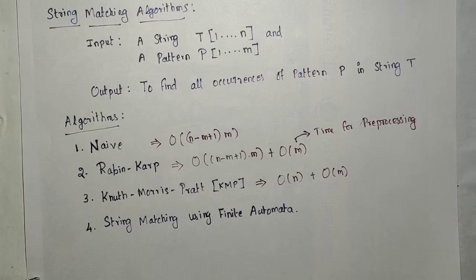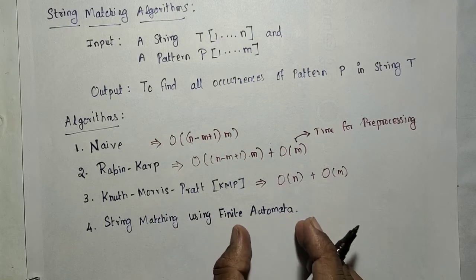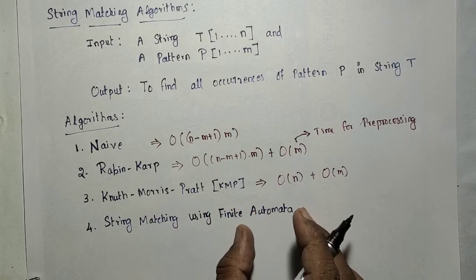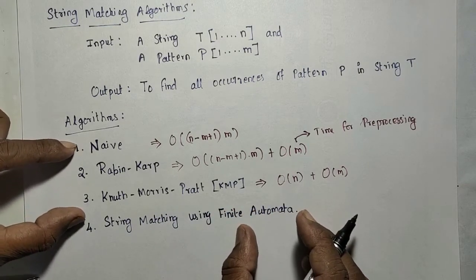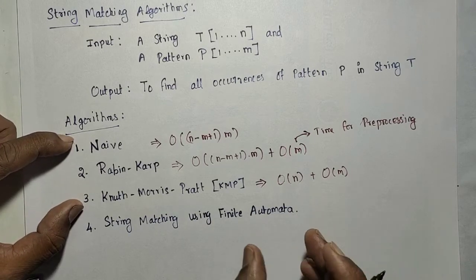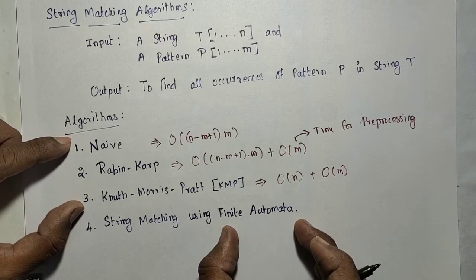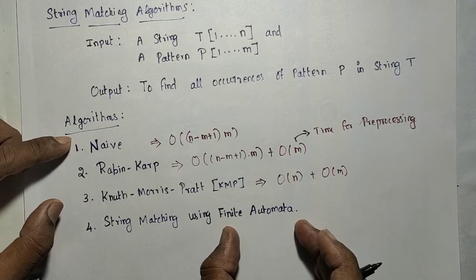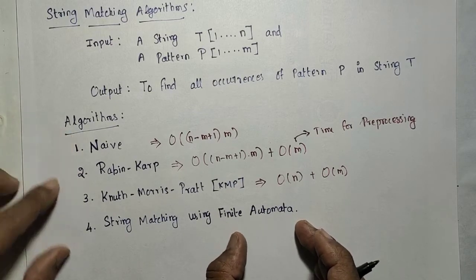Another one is string matching using finite automata. We are not going to discuss finite automata; we are going to discuss the first 3 algorithms. Because we need the concept of finite automata, that is a theory of computation concept.